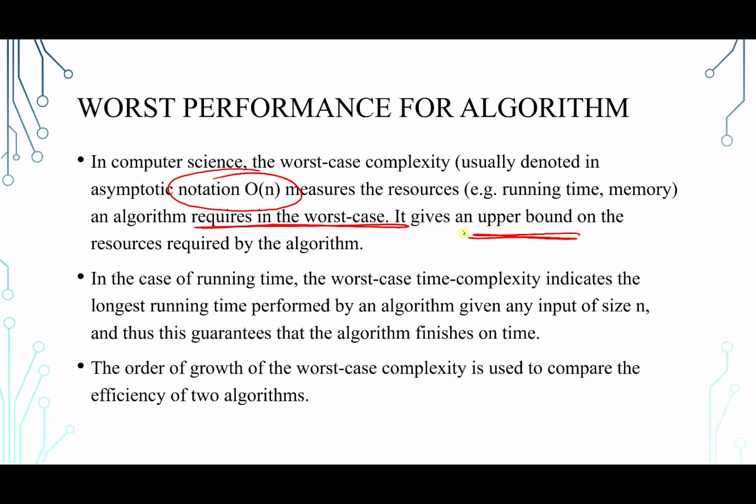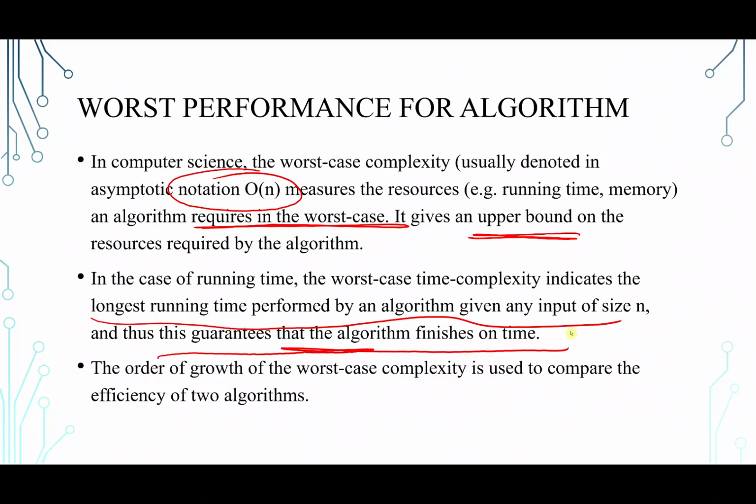In case of running time, worst case time complexity indicates the longest time your algorithm would take based on the size of input n. Thus, this guarantees that the algorithm finishes on time.